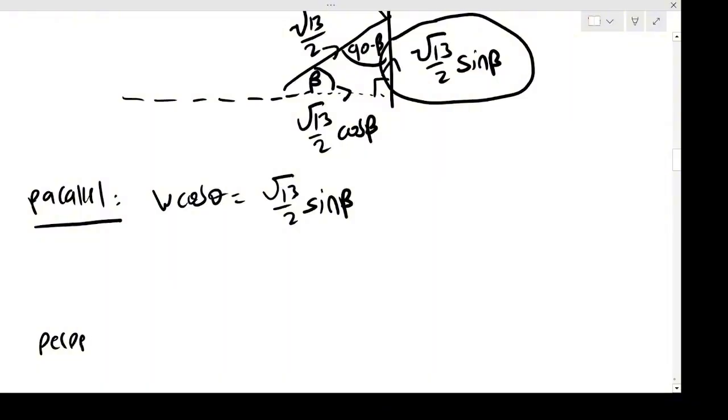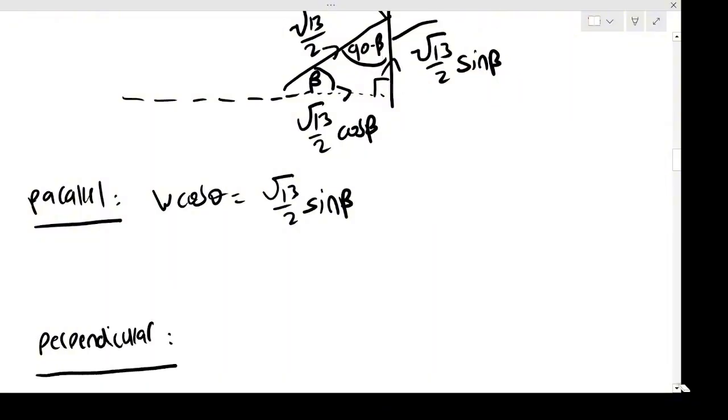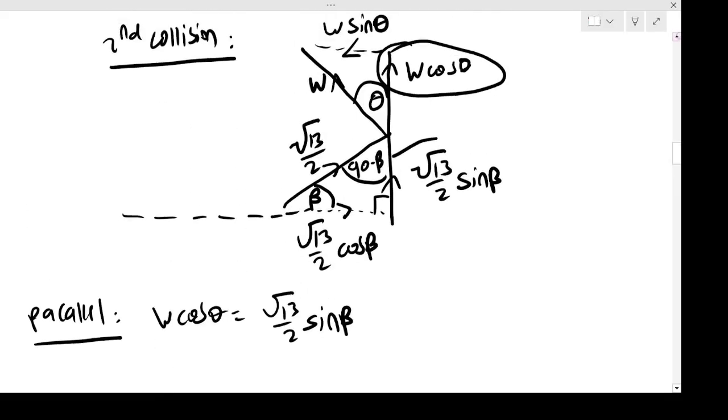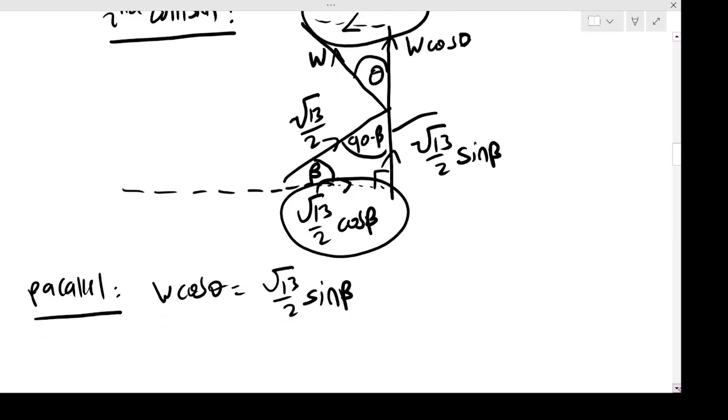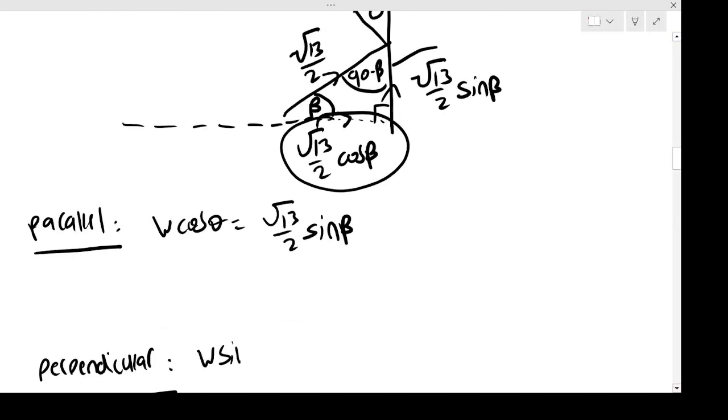Likewise for the perpendicular component, the component perpendicular to the wall, it's going to be the W sine theta here and the root 13 over 2 cos beta there. So W sine theta is going to be, remember, E lots of the root 13 over 2 cos.